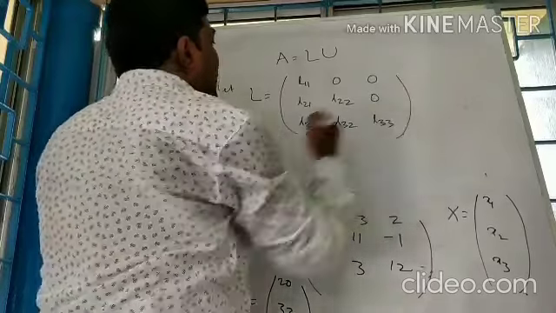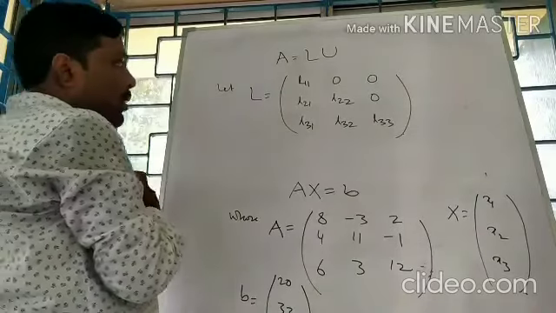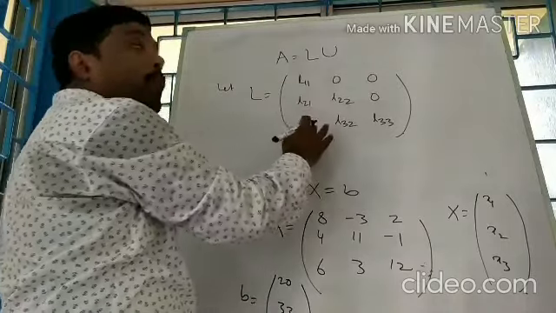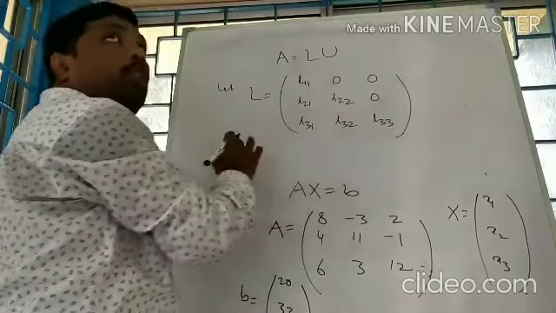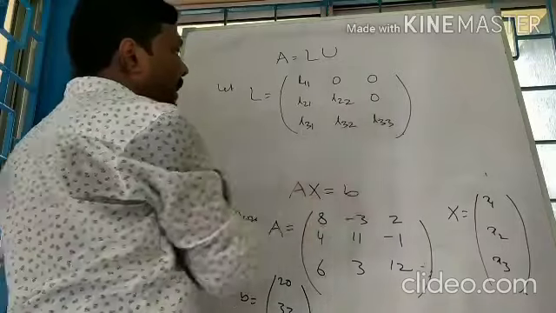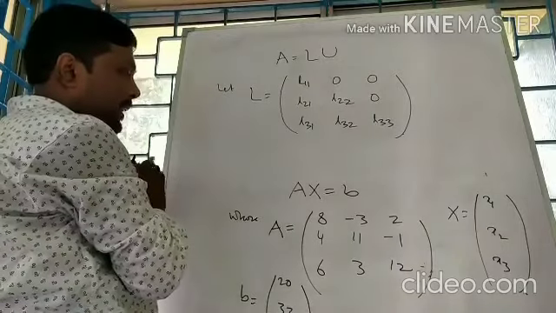L is a lower triangular matrix. This is the lower triangular matrix L.